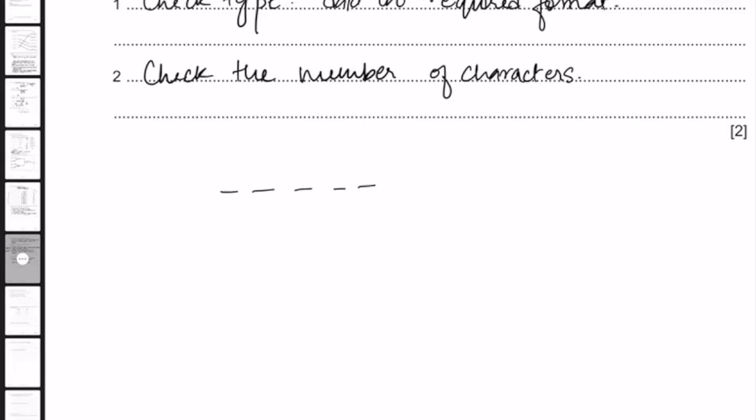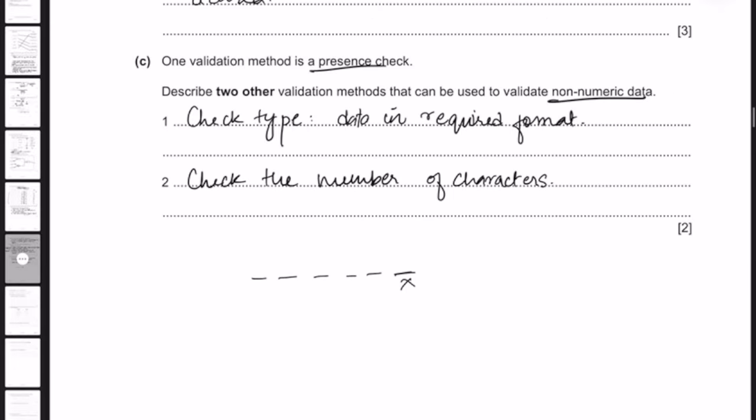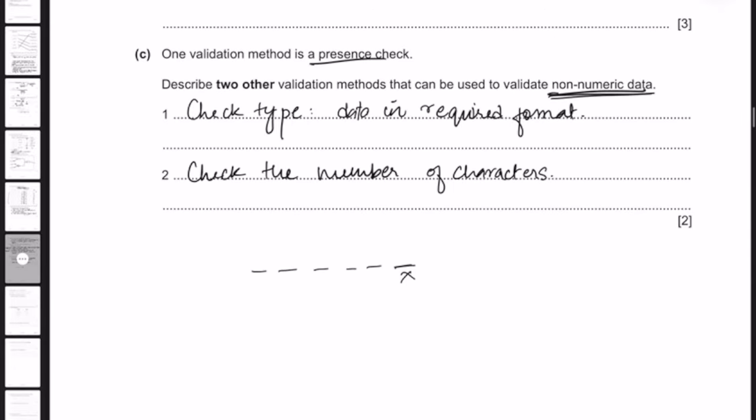So if someone tries to enter 6, it'll show an error. Just that. And since they're talking about non-numeric data, right, which means there is no number present, so you can just say that ensure no numbers are present.